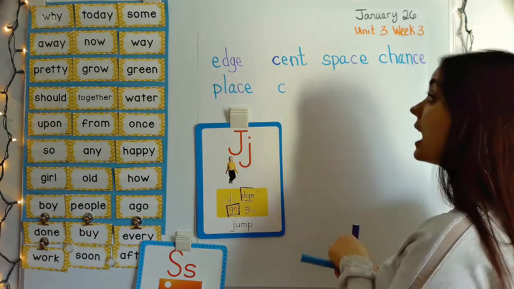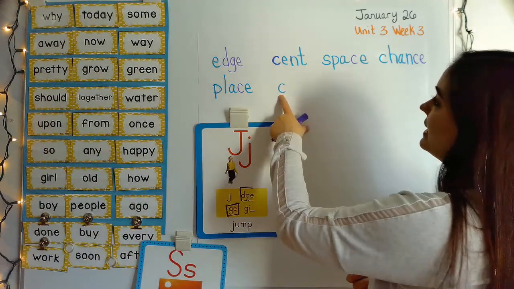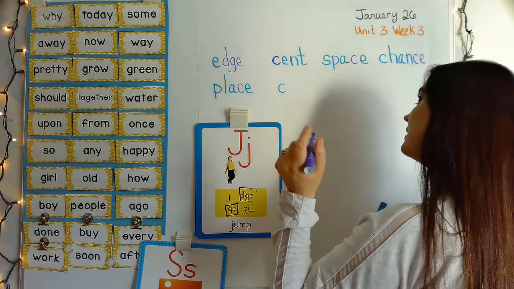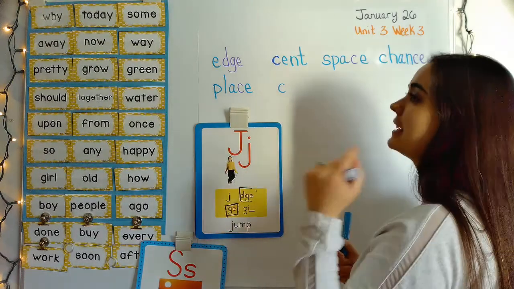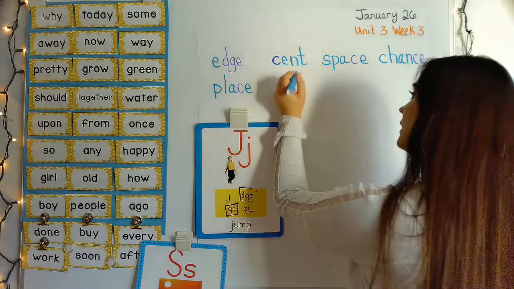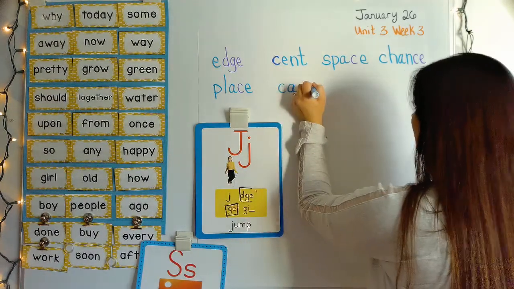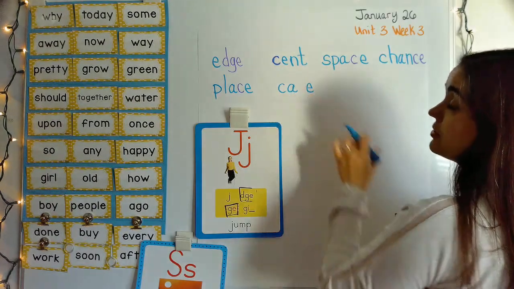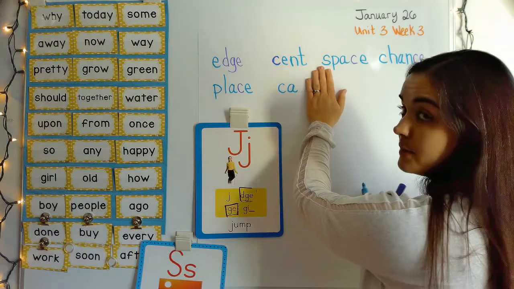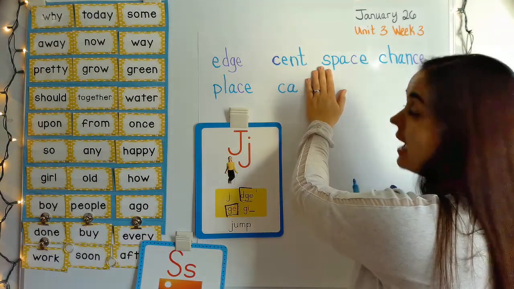And so C says ka. In this word cage, it doesn't say soft C. It just says the regular C. Ka. And there's A blank E, which is that long A sound. Remember, without its buddy, without the E there, it just says a.